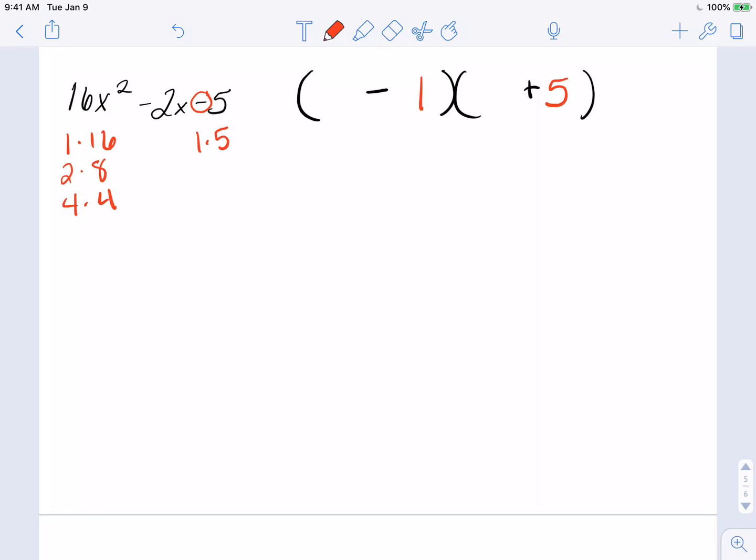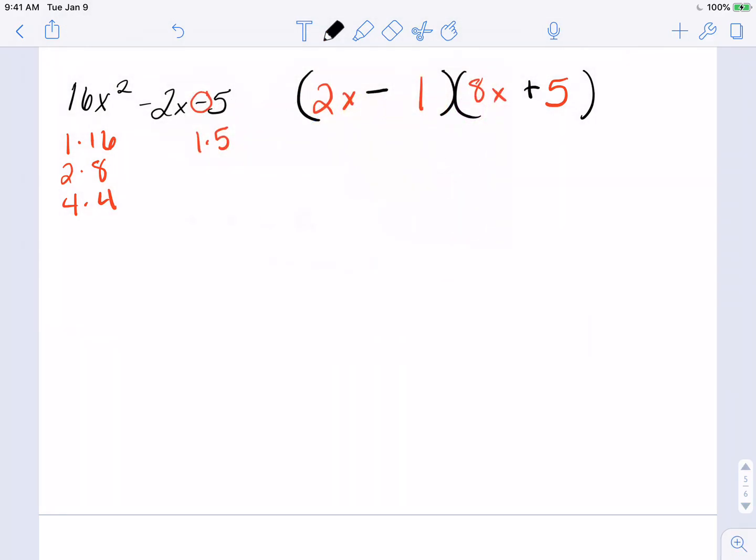I think that because this is a minus 2 and that's a relatively small number, the 5 is going to need to be positive. Again, we're going to check and see. I may be wrong right now. All right, and then let's go with 2x and 8x.